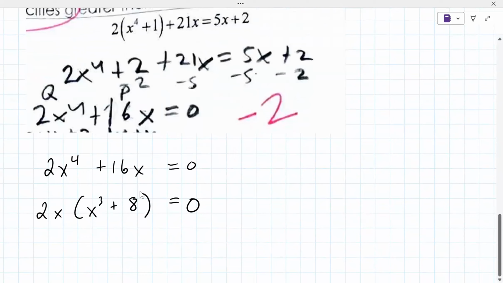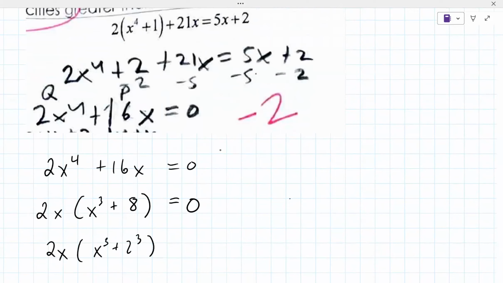So how do you factor the expression in parentheses? Do you recognize what that is? Yeah, so you would put 2x on the outside, and in parentheses x cubed plus 2 cubed, which is a sum of cubes. That is correct.